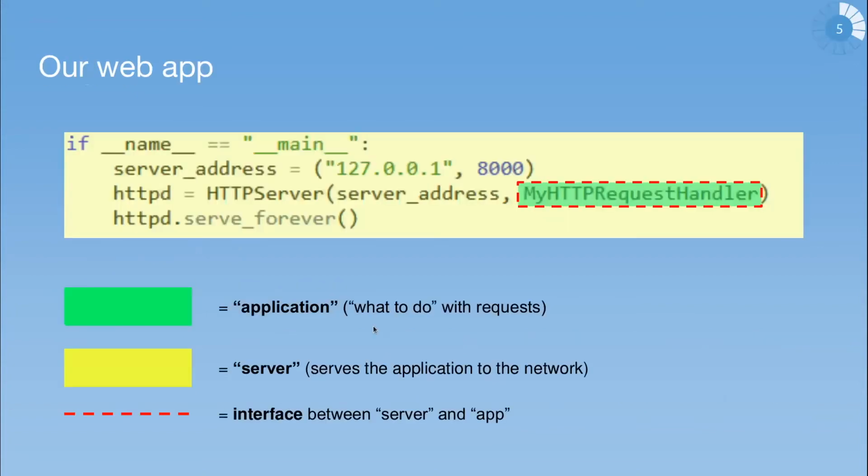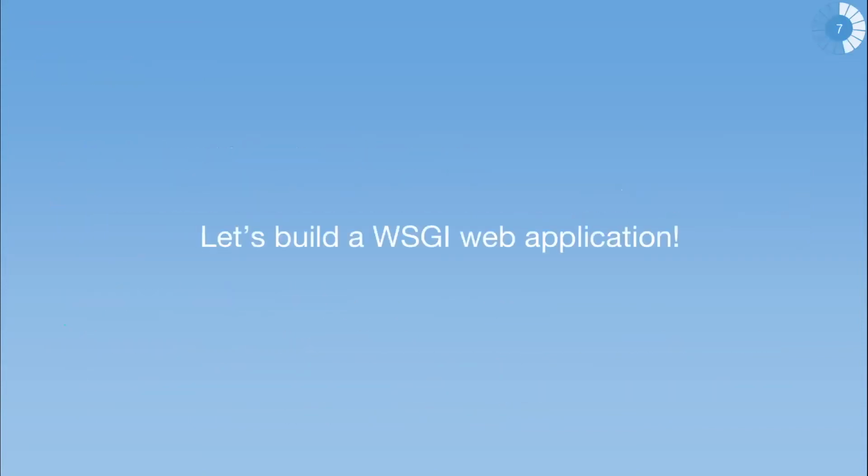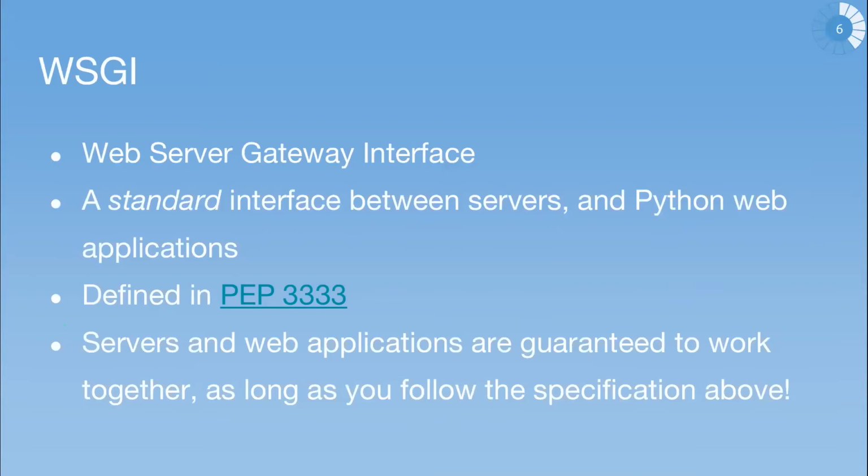So one person could write a server in isolation, another person can write an application in isolation, and they will work together as long as you follow a certain set of rules.